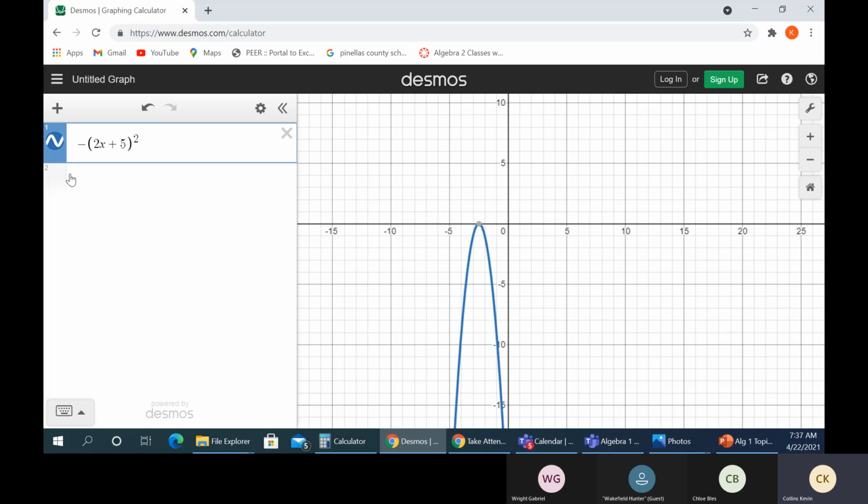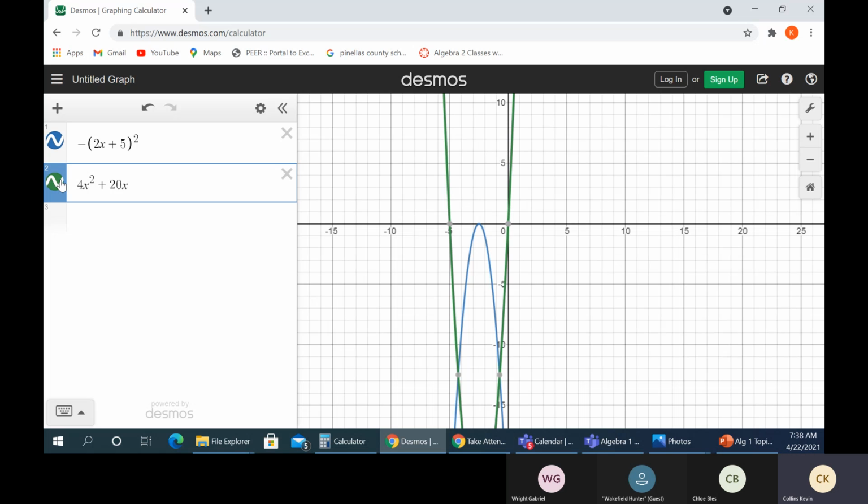Okay? And like I said, you could multiply it out if you wanted to. You don't have to. If we multiplied this out, you would get 4x squared plus 20x plus 25.